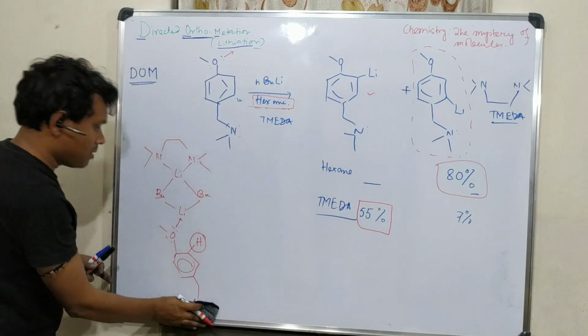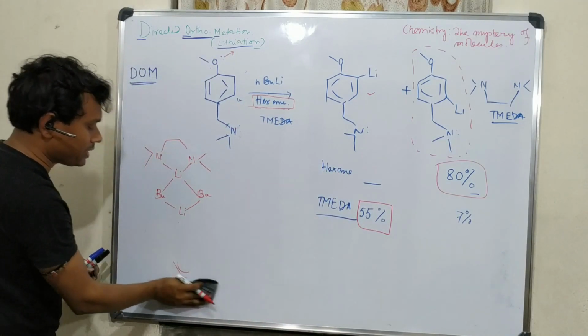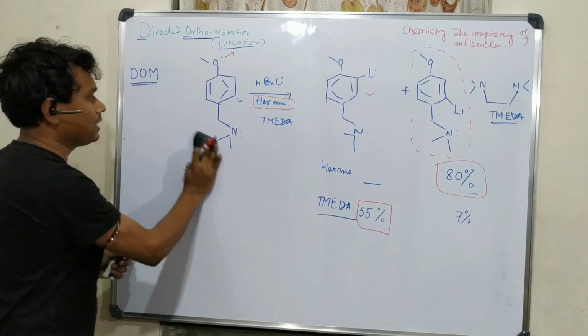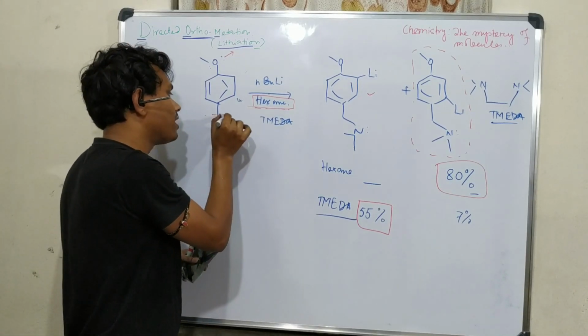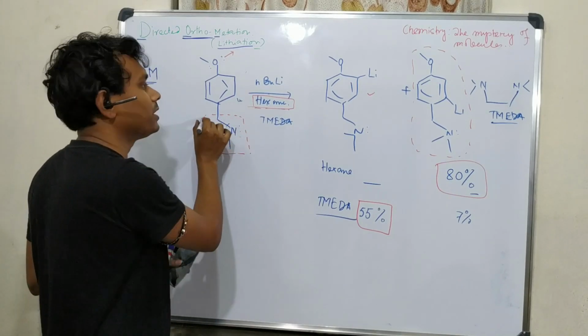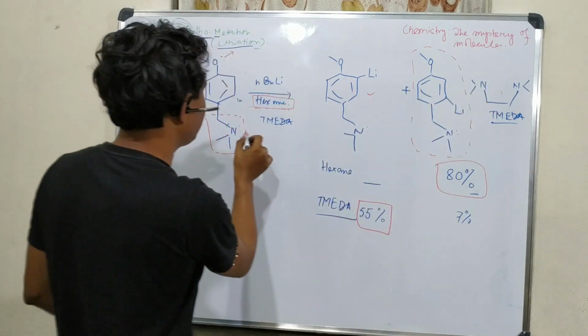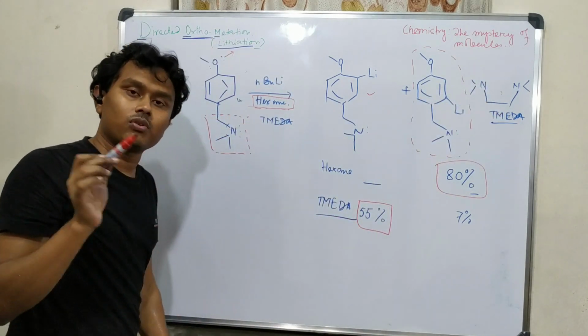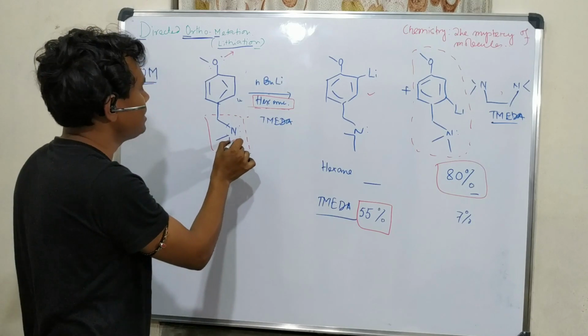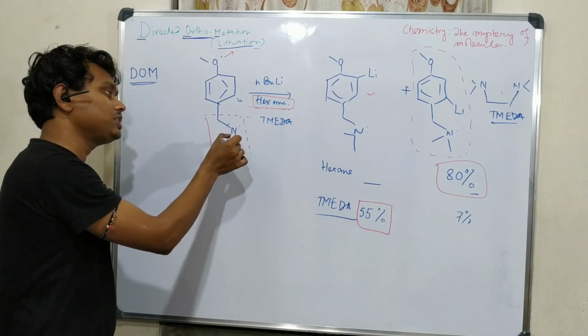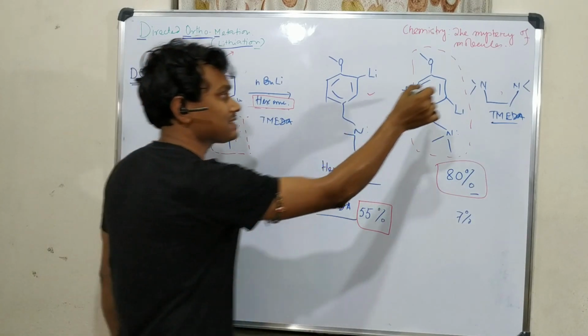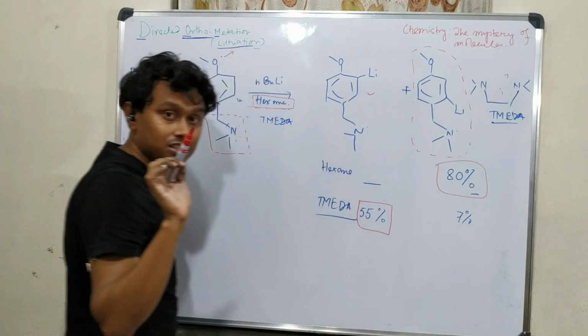So I guess you have understood. When there is no TMEDA, this alkyl group, which is half part of TMEDA, is coordinating due to the stronger coordination capability of nitrogen. But when TMEDA is present, that coordination becomes less dominant as it is di-dentate, let's say chelating.